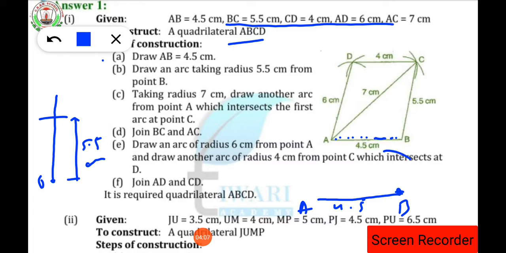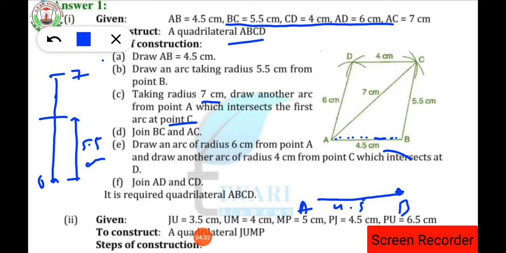Clear up to here? Then in the third step, taking radius 7 centimeter, draw another arc from point A which intersects the first arc at point C. Now what you have to do? Keep the needle of your rounder at 0 of the scale and stretch the pencil part up to 7 centimeter, so that the mouth of your rounder has 7 centimeter measurement.